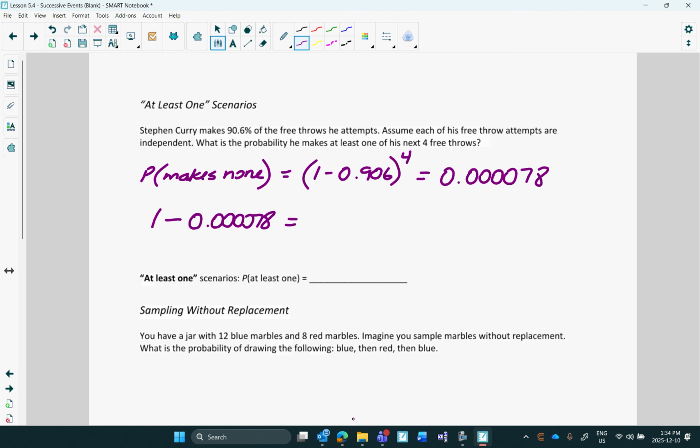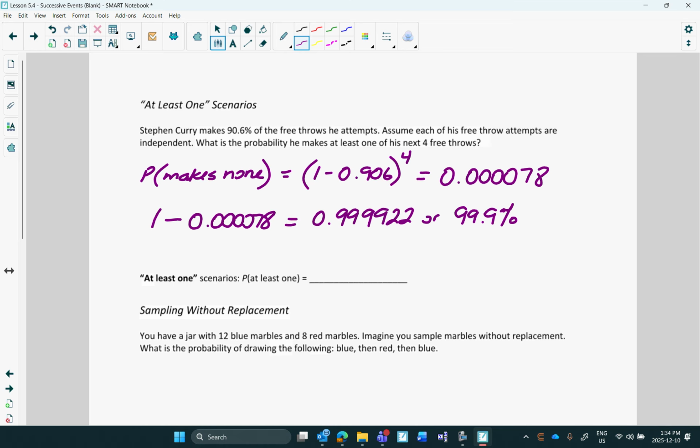And when I do that, I get 0.99999, or about 99.9%.